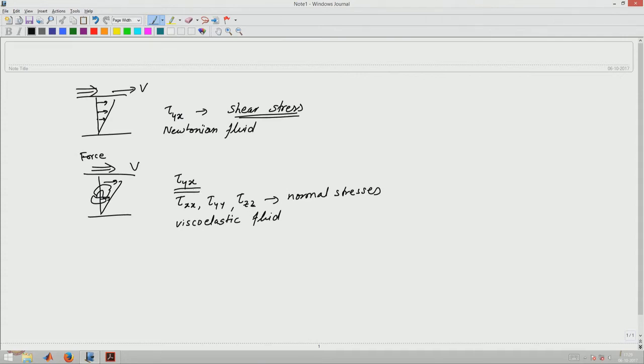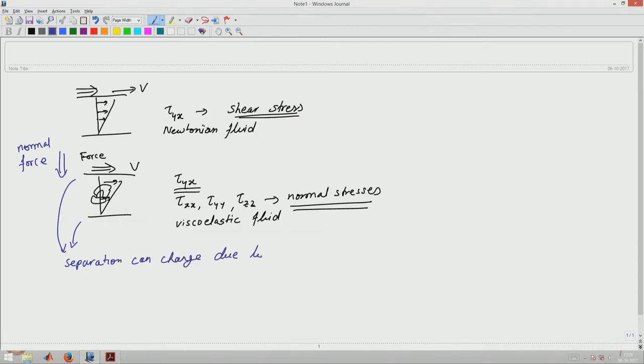And what happens is, in case of viscoelastic fluids, because of these normal stresses which are generated in the fluid, in addition to the force that we have applied, we will also need to apply another normal force. Otherwise, due to the normal stresses, there is a tendency of the two plates to separate. So, the distance between the two plates, the separation, can change due to normal stresses.